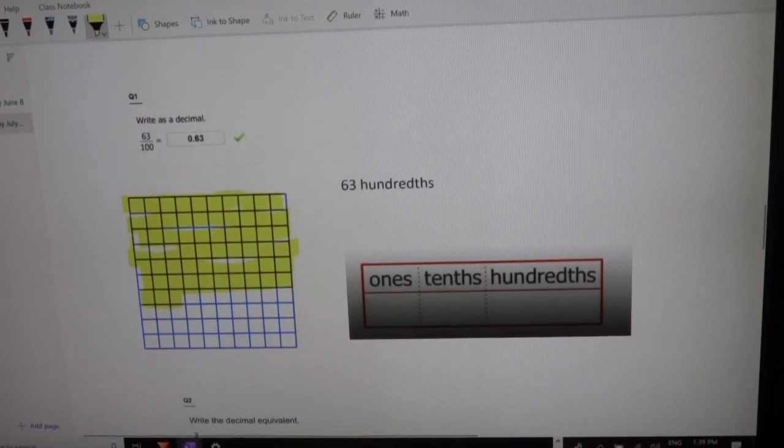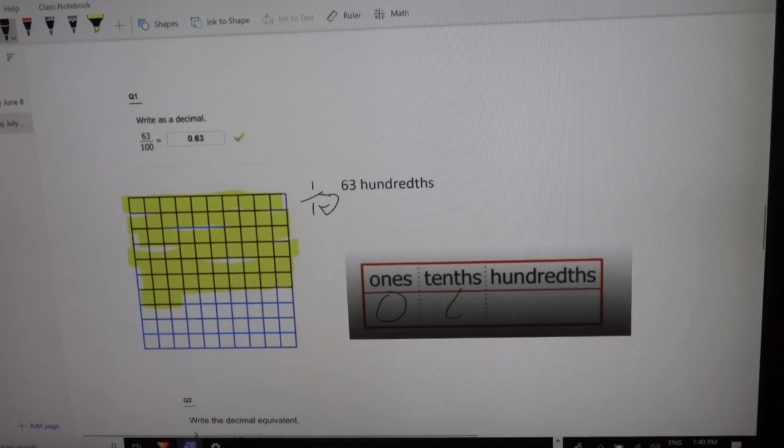So each of these rows here, if I go back to my pencil, each of these rows here is 1/10. So if I go down to this table, ones, tenths and 100ths, I've obviously got no ones. And as you can see, I've got 6 rows coloured in.